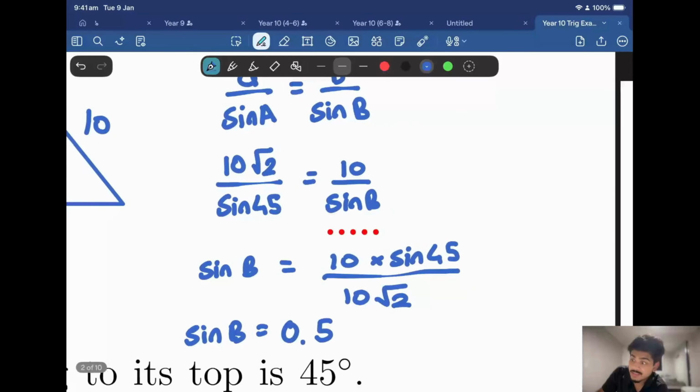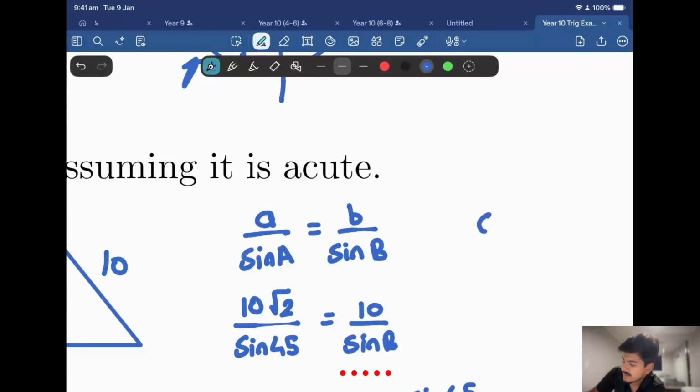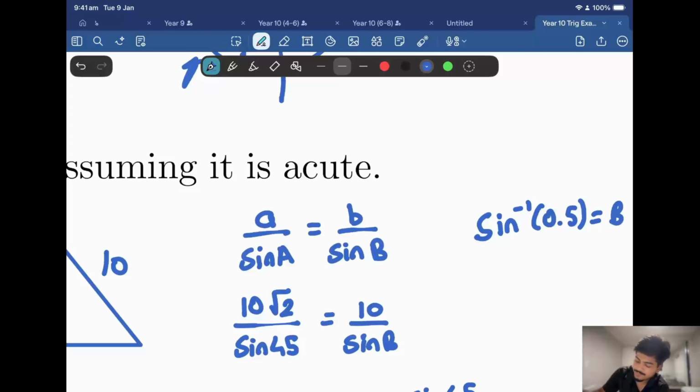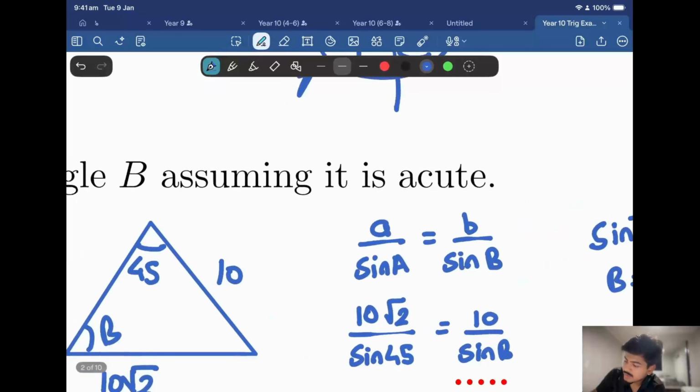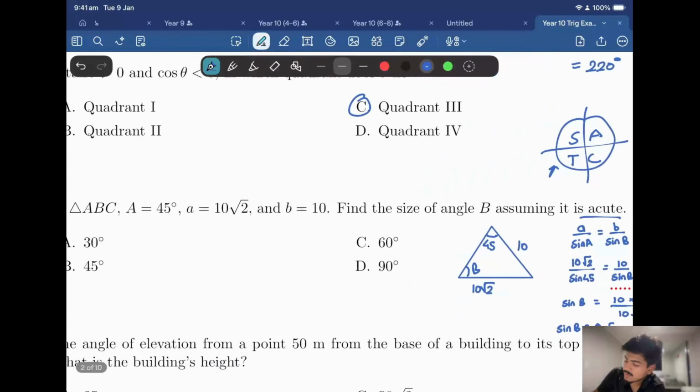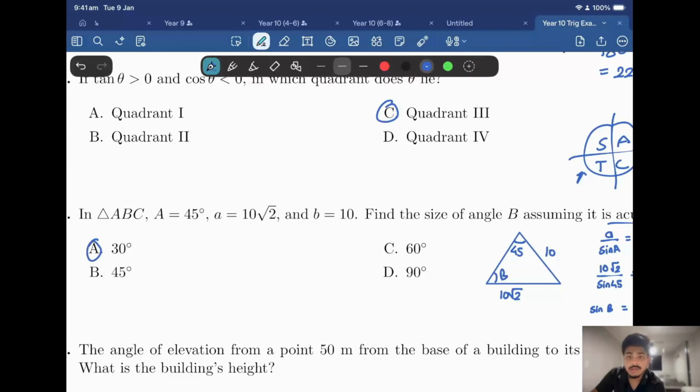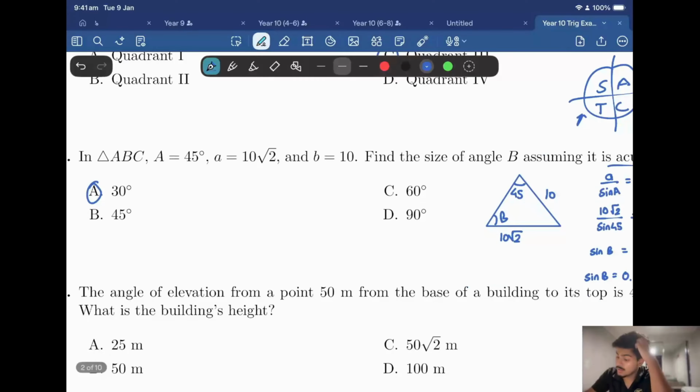Okay, and we want to find the sine inverse of 0.5, right? So sine inverse of 0.5 is equal to B. So you get 30, right? Just checking if it's acute. Yep. So our answer is 30. Okay, perfect. So next question.